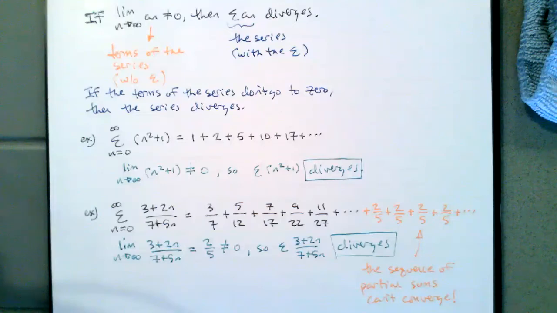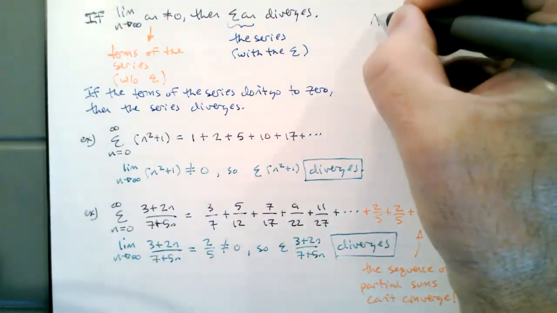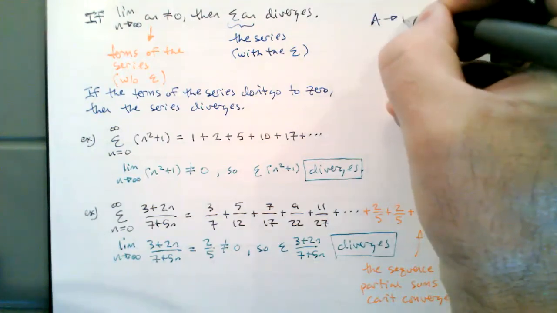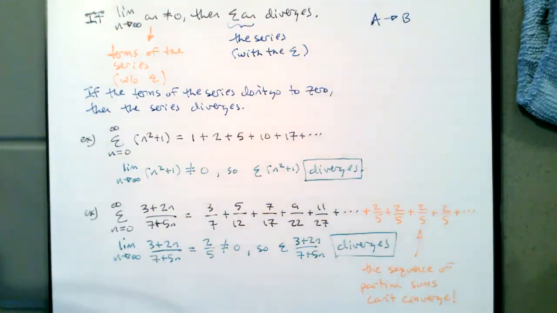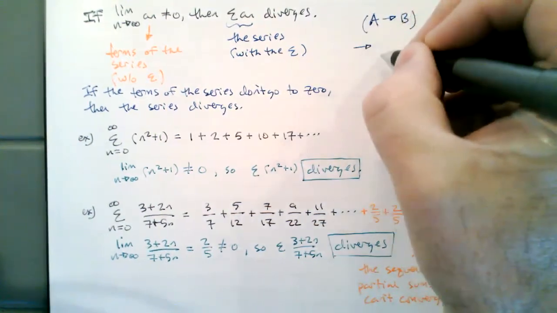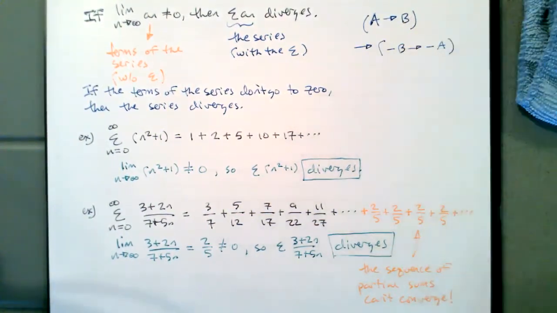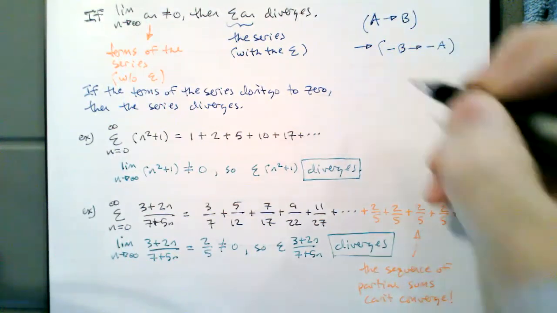We have a statement of the form: if A, then B. And so that gives us: if not B, then not A. But we do not get B implies A.